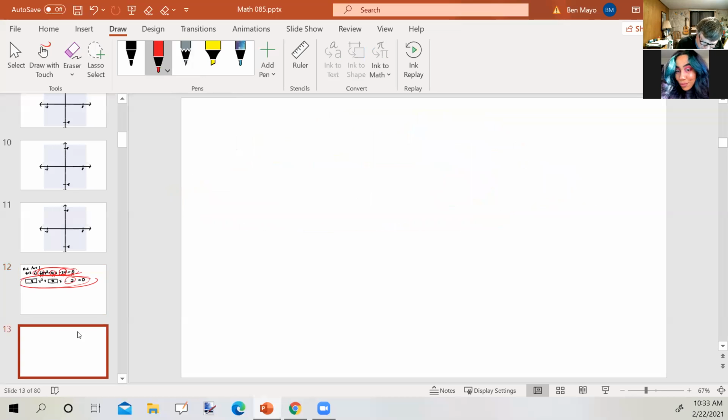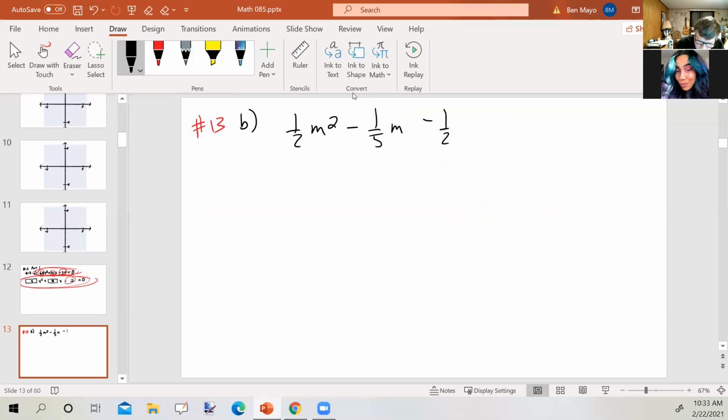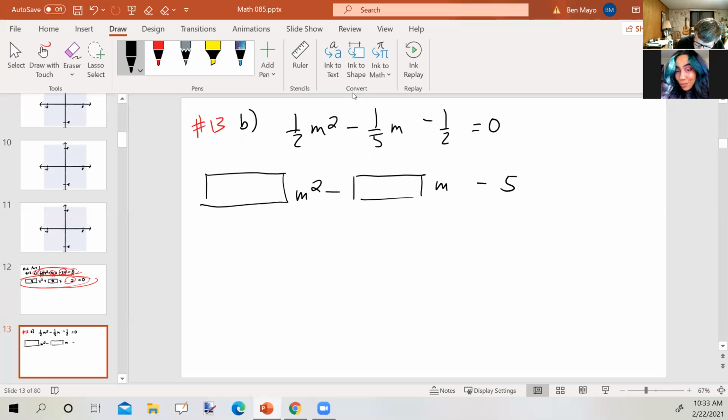All right, let's take a look at part B. This says 1/2 m squared minus 1/5 m minus 1/2 equals 0. And we have a box, and then it says m squared minus a box, m minus 5 equals 0.